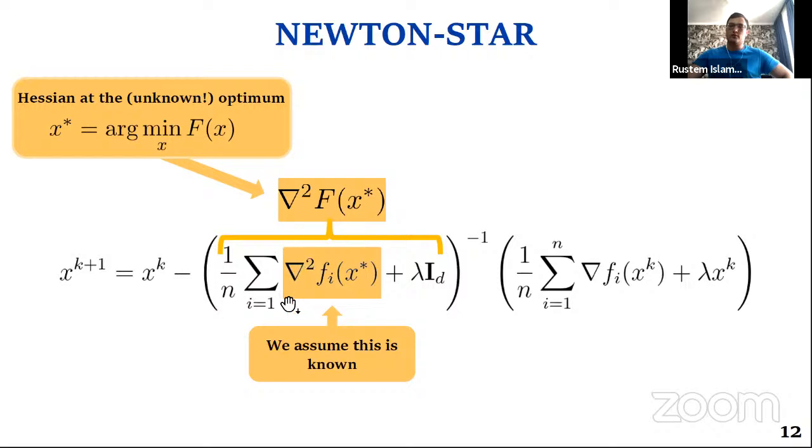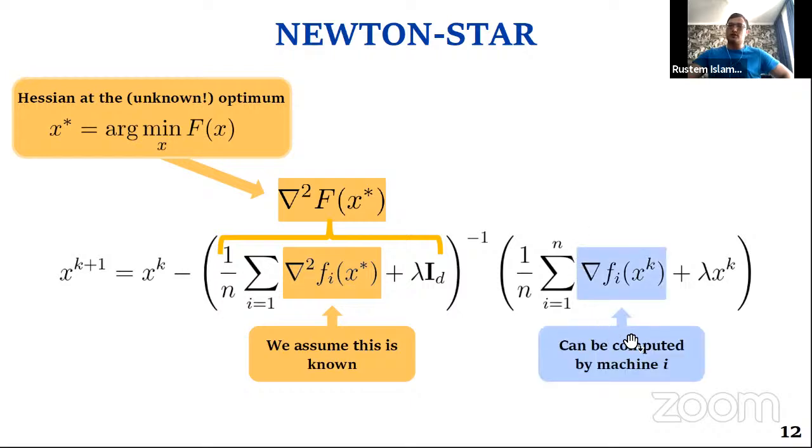We compute them and broadcast them to the server. The server aggregates and keeps this information for the rest of the optimization process. And each node in each iteration only needs to compute local gradients. So this is one way we can handle this communication bottleneck of Newton's method.